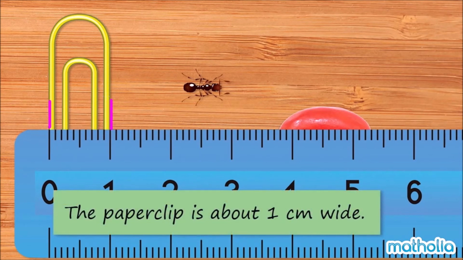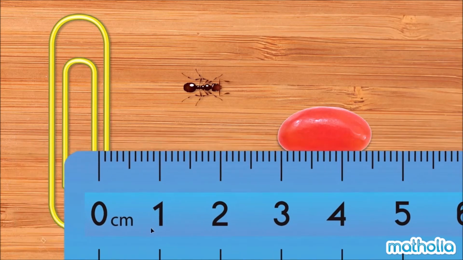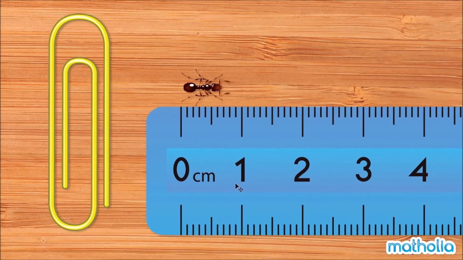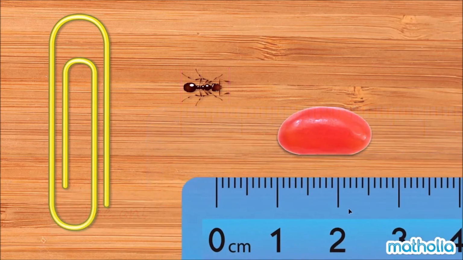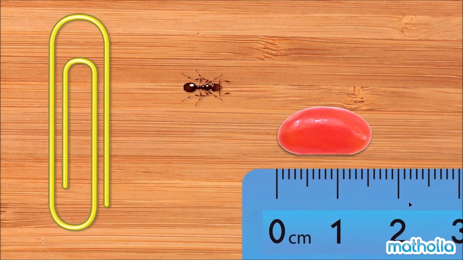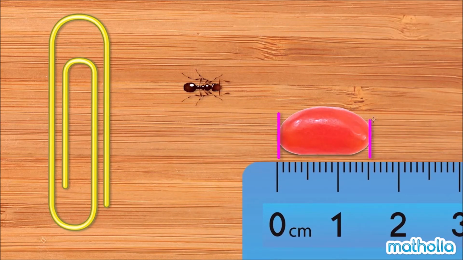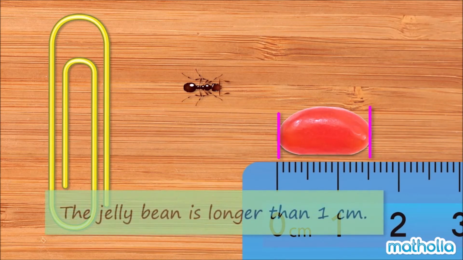The paperclip is about 1 centimetre wide. The ant is shorter than 1 centimetre. The jelly bean is longer than 1 centimetre.